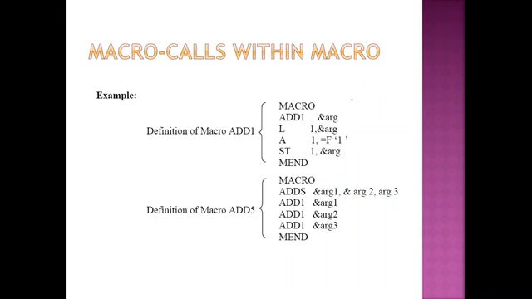Let's go to this particular example. A macro is written here, and that macro is known as add1. When you see this macro, the macro keyword is there, mend is there, but we don't understand what ADDS is.